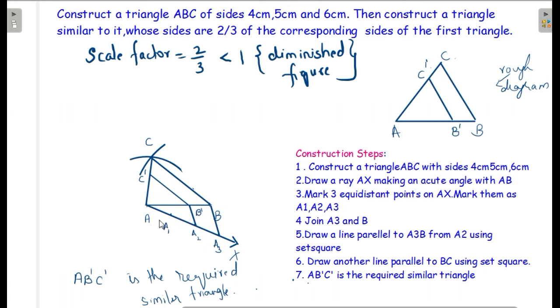Mark 3 equidistant points, means A1, A2, A3. Now we will join A3 to B. Then we have drawn a line parallel to A3B from A2 using set square. Then we will draw another line parallel to BC using set square again. So this A, B dash and C dash is the required similar triangle.